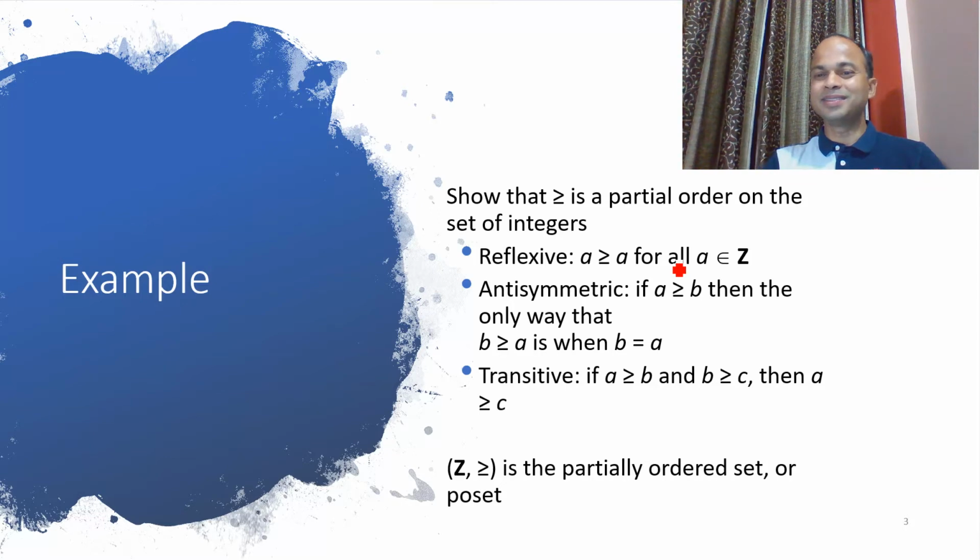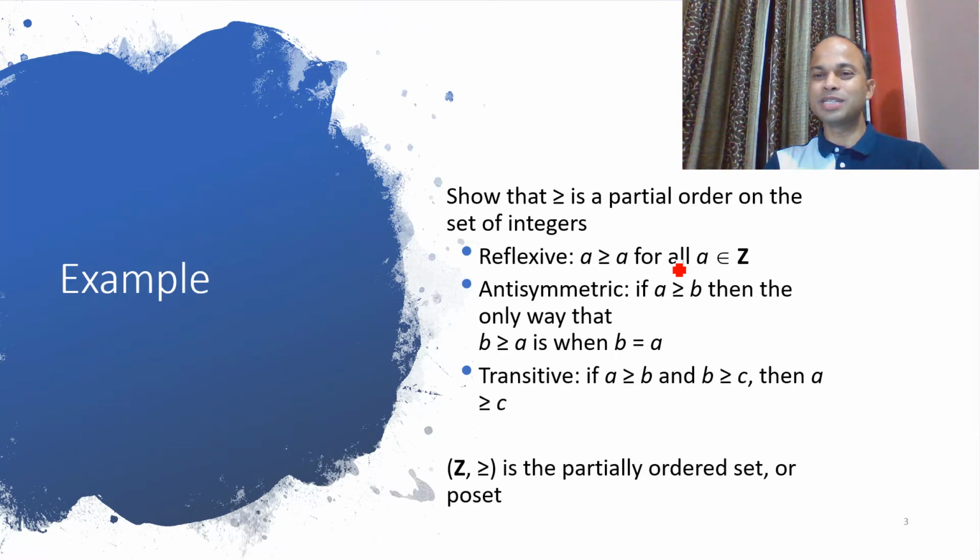We are understanding this concept with the help of this example. In this example, we have set of integers and relation is greater than equals to. So we will demonstrate that set of integers with relation greater than equals to is partial order set.